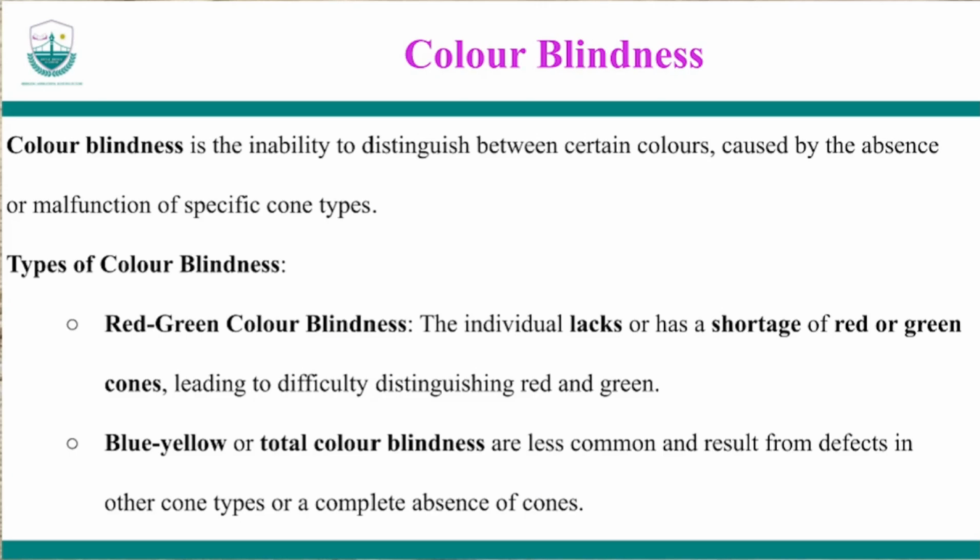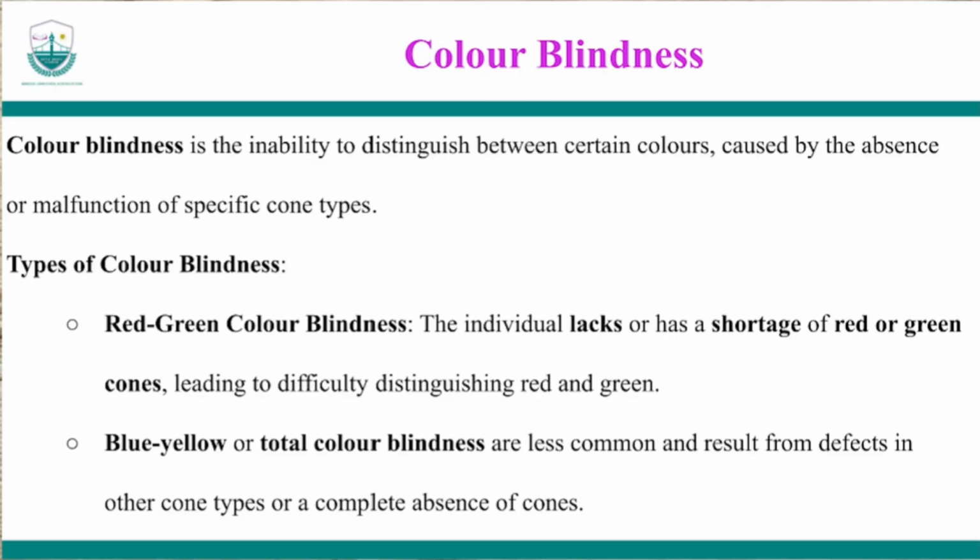They are malfunctioning. That's why they have that problem. This problem is basically genetically inherited, meaning the people who have it get it from their parents. So it is a genetic disorder.